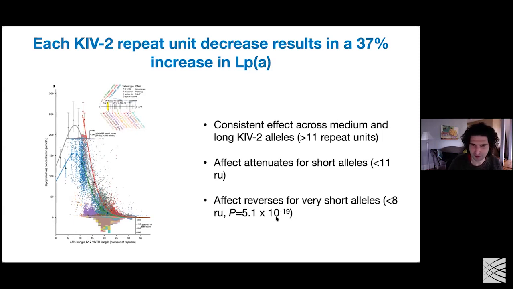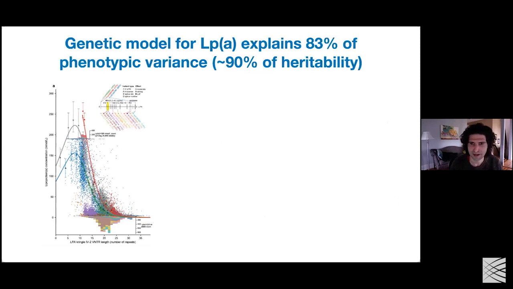There was a positive correlation between KIV2 length and lipoprotein A concentration in this very short KIV2 allele length regime, with a p-value of 5.1 times 10 to the minus 19. Combining all of these variants and all that we've learned about KIV2 into a model for lipoprotein A concentration explains 83% of the phenotypic variance and 90% of heritability.